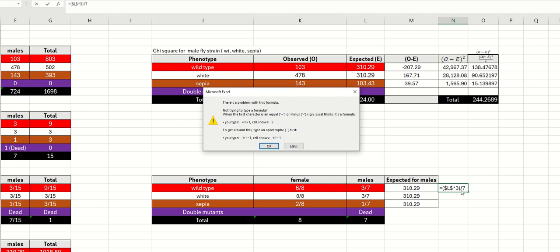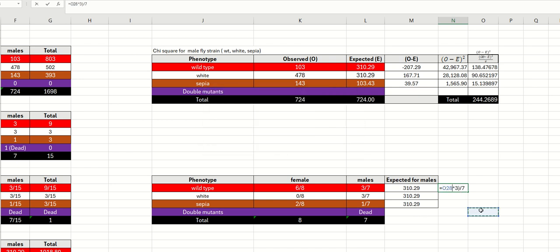Let's see if I made something wrong. Oh yes. Anyway, you can fix this and make it faster. I'm not going to show you more things in Excel, but it's pretty easy. So here it will be 1 to 7.